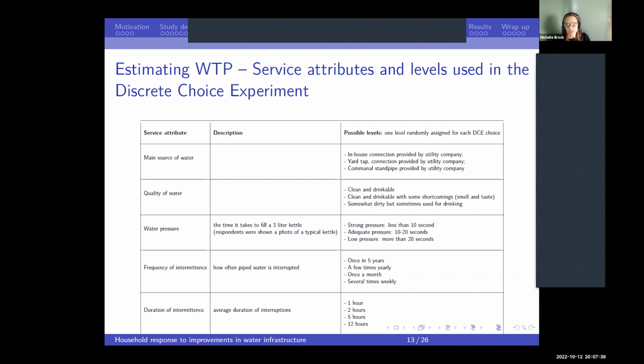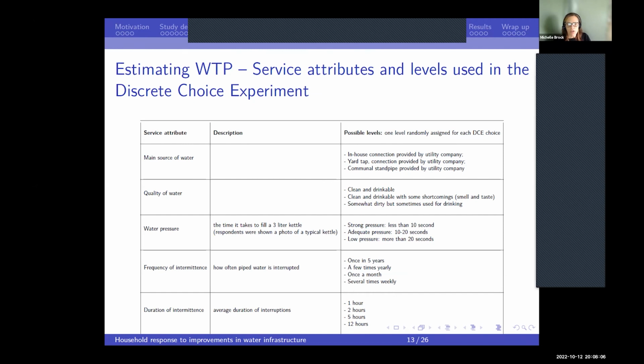Water pressure, and this is measured in terms of how long it takes to fill a kettle from your tap or yard tap or house tap. The frequency of any intermittence, so when water is cut because of inadequate flow or other problems in the network, how often does that happen? And then the duration of intermittence, how long does it take for those things to be fixed?